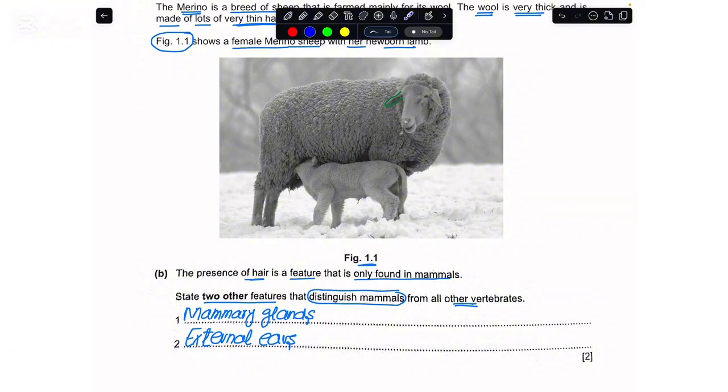None of the other vertebrates have placentas internally, where the offspring develop. So we would say that the mammary glands and the external ears are the 2 features that would help us distinguish mammals from the other vertebrates.